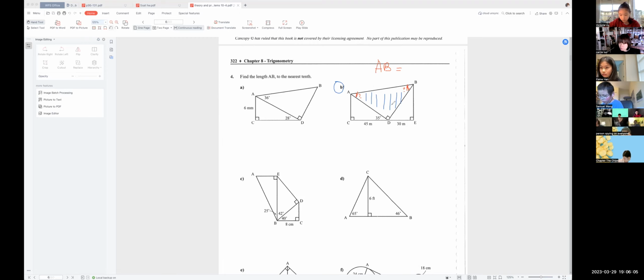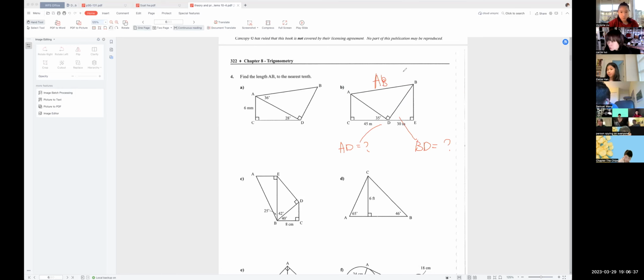We know the total ABCE is a trapezoid, but we don't know these two angles equals what. We only know this one is 55, and this one is 55, and this one 35, but we don't know these two angles, right? So big possibility, we need to find out what is AD and what is BD, and using the 勾股定理 to find out what is AB.